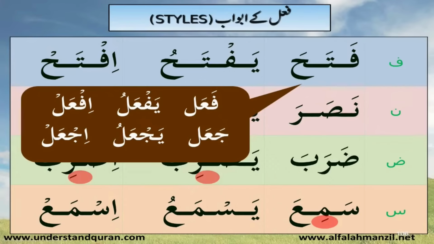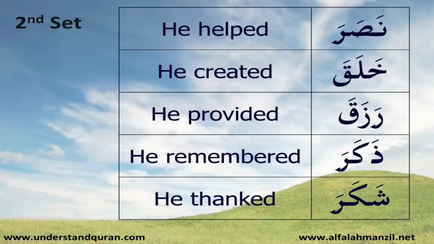In Madi they could be all the same, like Daraba, Samia, or Fataha, Ja'ala. In Madi they might look the same, but their counterpart in the Mudari will change. For example, Bab Nasara will be Nasara, Yansuru. Okay, so you see there is a difference in the Mudari. That we are going to learn a little bit later.